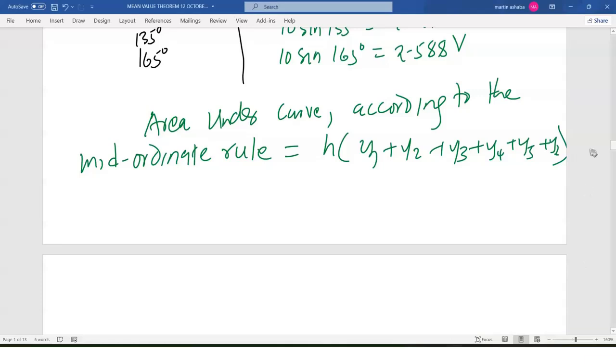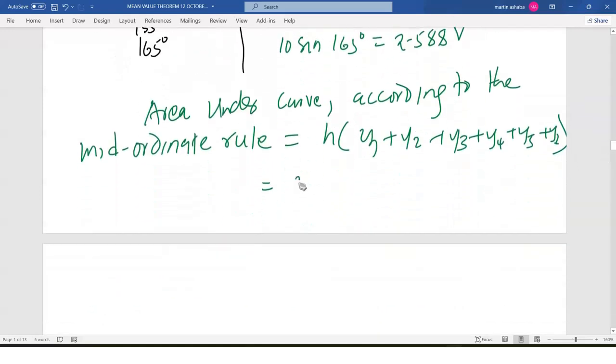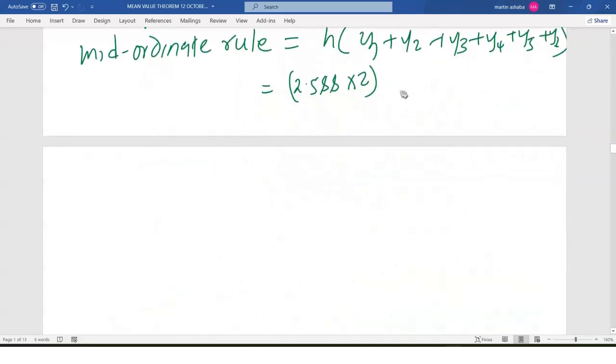The sum of all these ordinates: I will have 2.588 times 2, because there are 2 of them, plus 7.071 times 2, because there are also 2, plus 9.659 times 2.